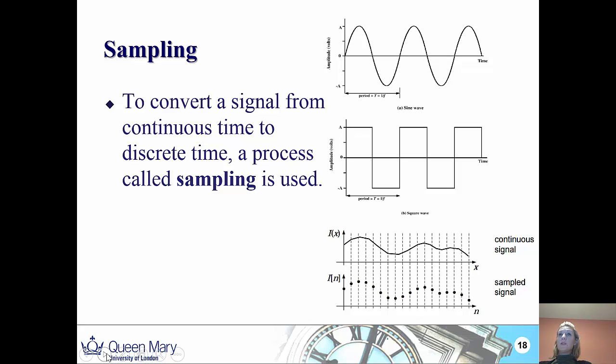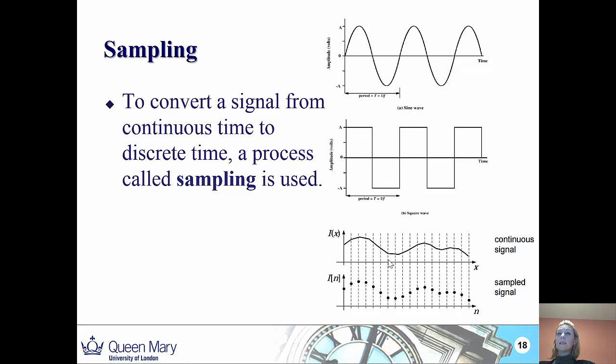We want to convert the signal from the continuous time domain to a discrete time domain. We use the process of sampling. Within the context of this module, we're thinking about the conversion of continuous waves to digital waves.